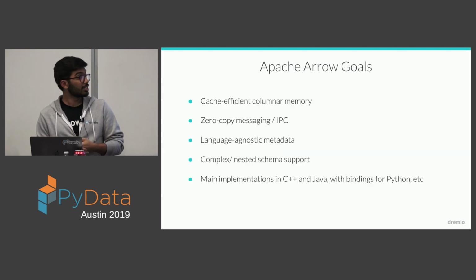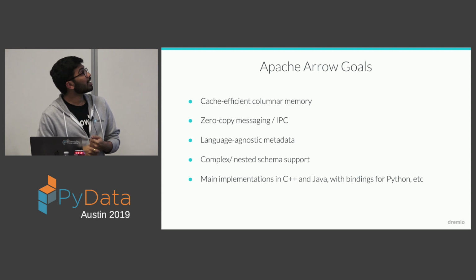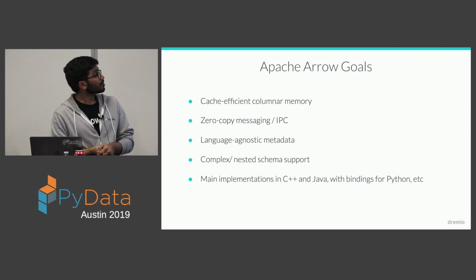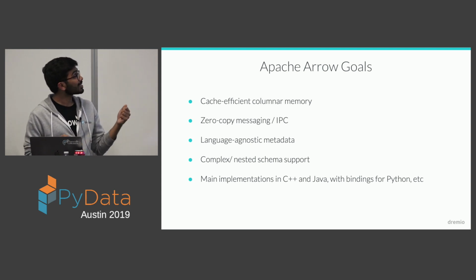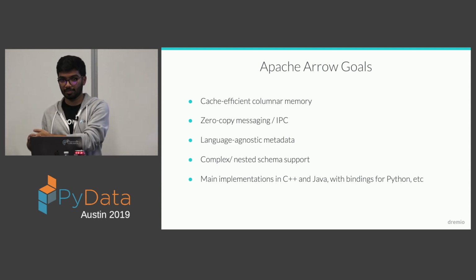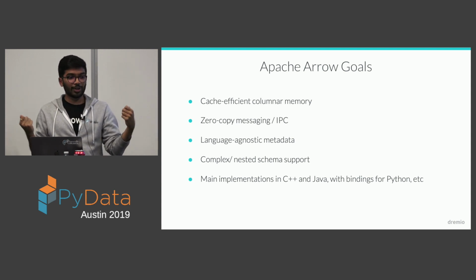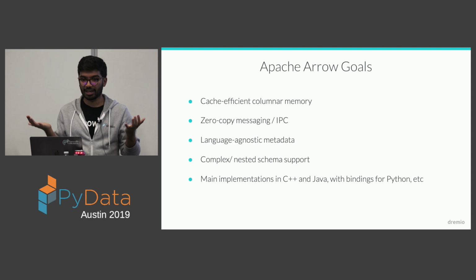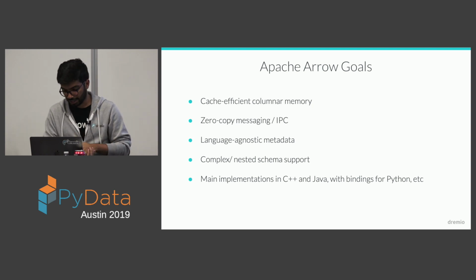So Arrow is a set of libraries that is used within various in-memory analytical systems. And the biggest thing is once a system is done with its work and it's relaying it onto the next system, we do not have to do serialization and deserialization if they speak the same language, which is the language of the data in memory, right?